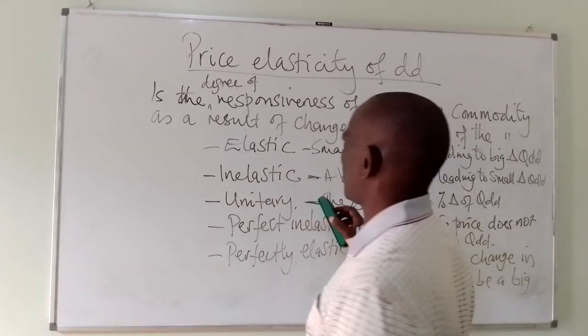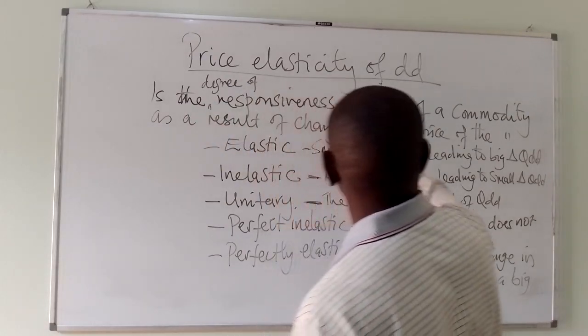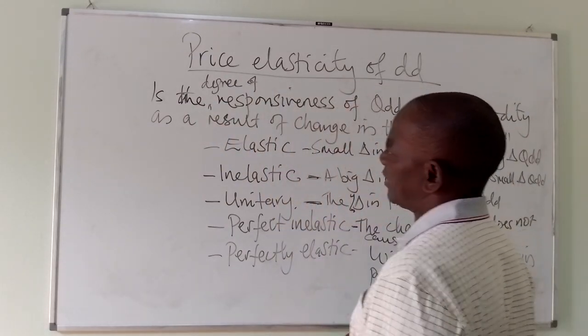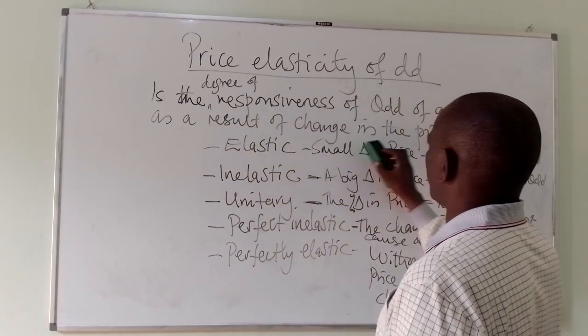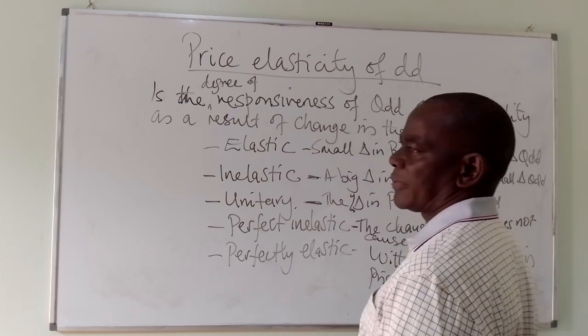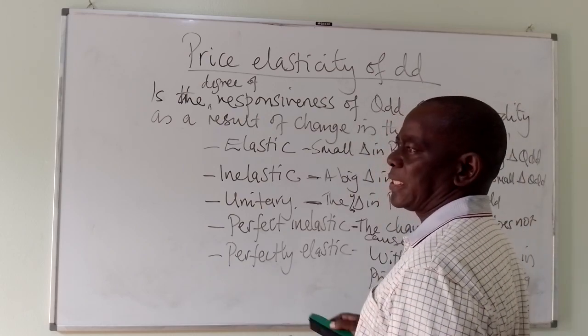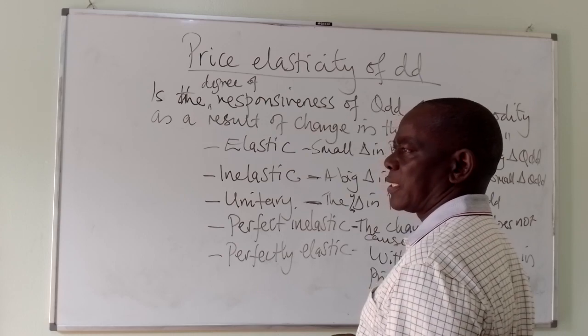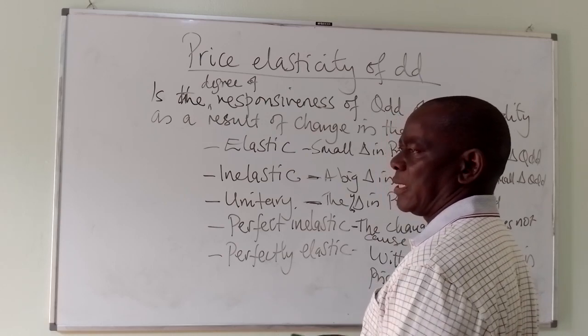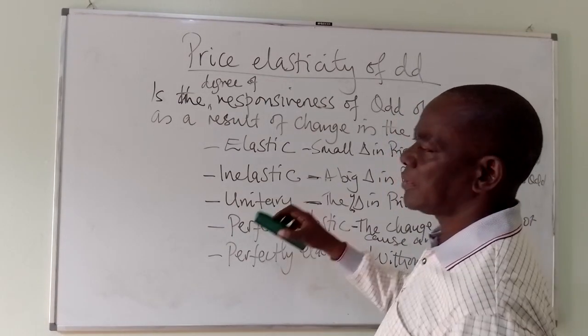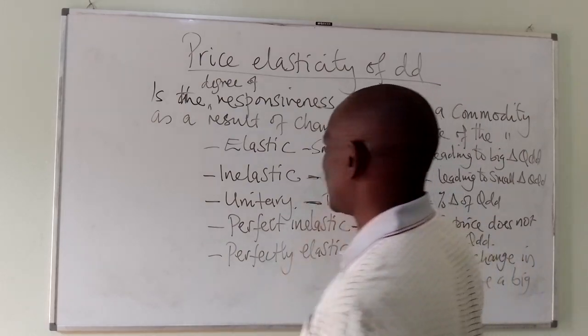There must be a figure somewhere. So a degree of responsiveness of quantity demanded of a commodity, which is resulting from a change in the price of the commodity. Even this change, because we want to measure this change, it actually means that we must have the figures.